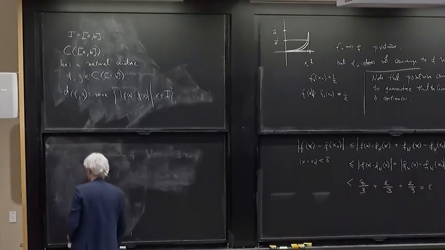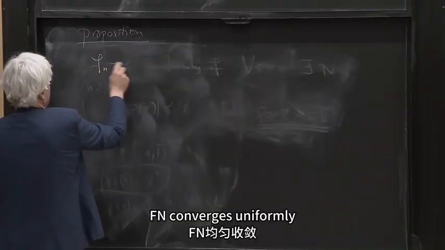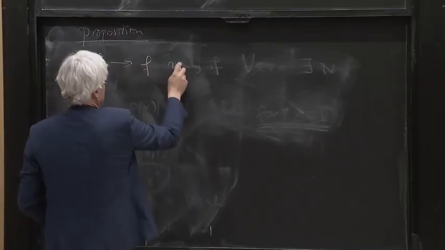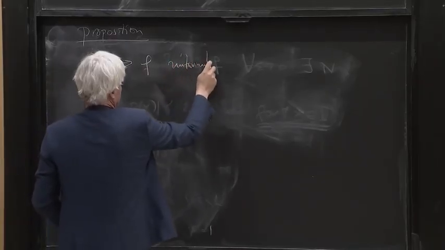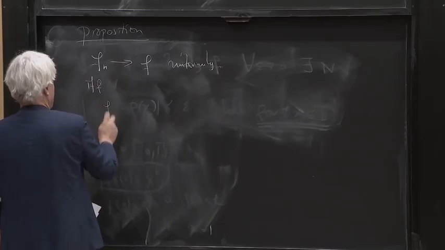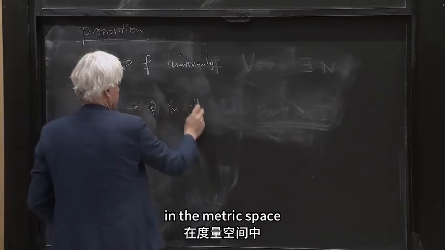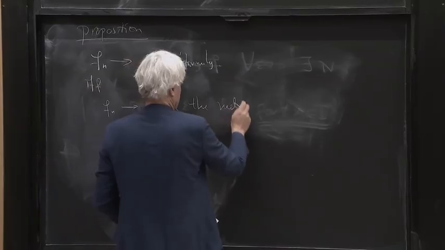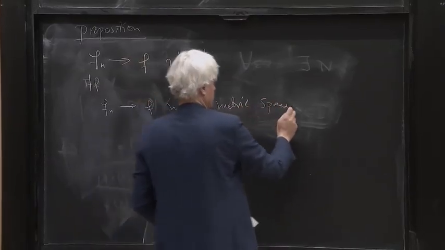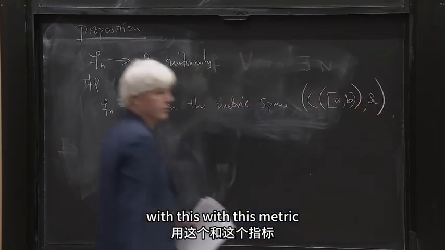So we have the following proposition. f_n converges uniformly to f if and only if f_n converges to f in the metric space with this metric. Okay.